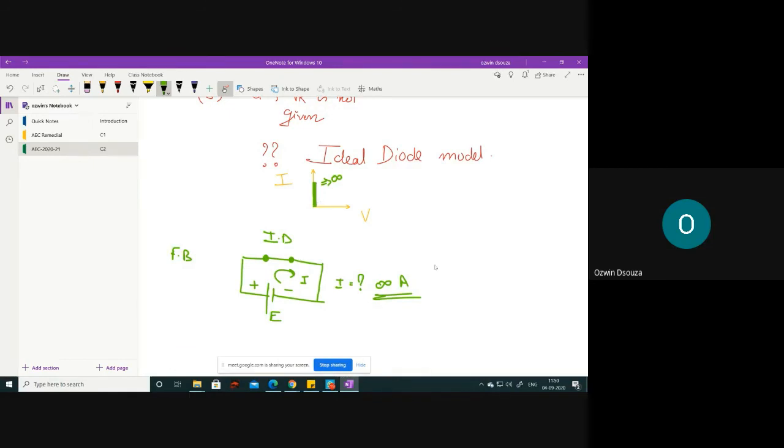And for reverse bias, the diode acts like an open switch, right? So current is equal to 0.